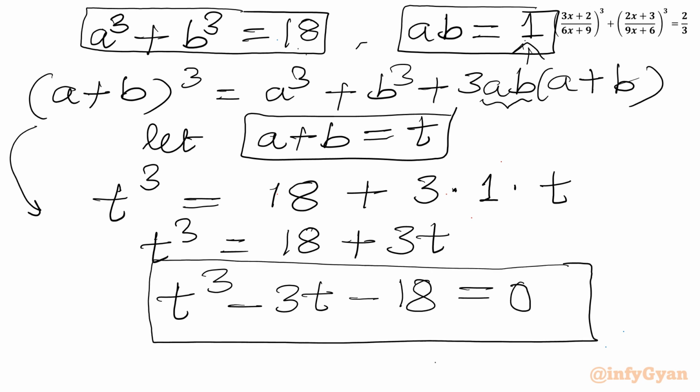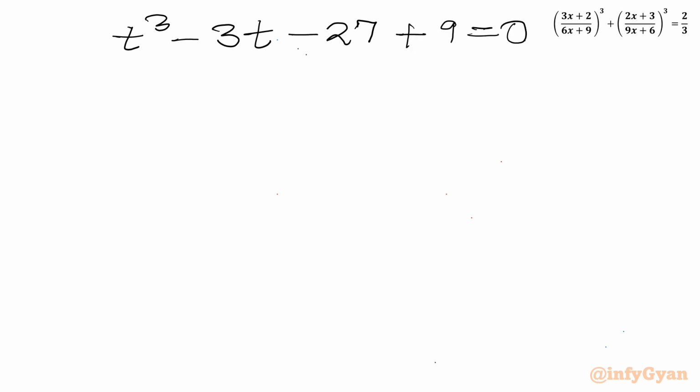Let us solve this cubic equation using the factorization method. So I will write here t cube minus 3t minus 18. We can write minus 27 plus 9 equal to 0. So I can write t cube minus 27, then minus 3t plus 9 equal to 0.